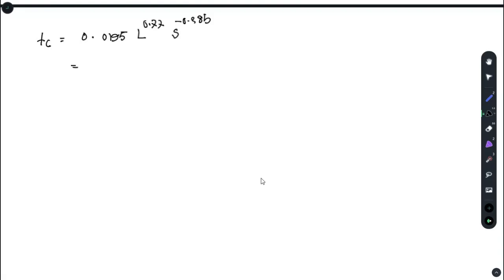So here you have the coefficient 0.0195, L is 825, and slope is 0.3%.